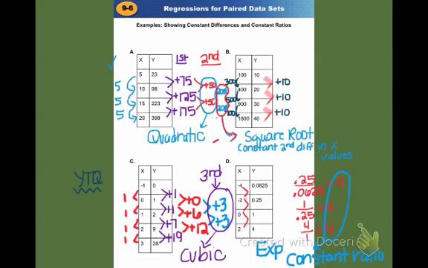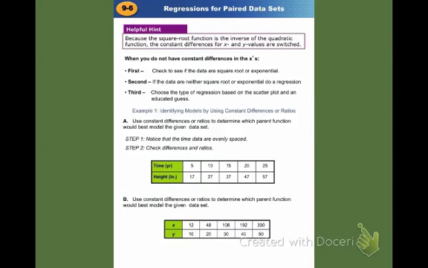So it's time to turn the page. As I mentioned earlier, because the square root function is the inverse of the quadratic function, the constant differences for x and y values are switched. So for quadratic, if we have a constant second difference in the y values, it's quadratic.